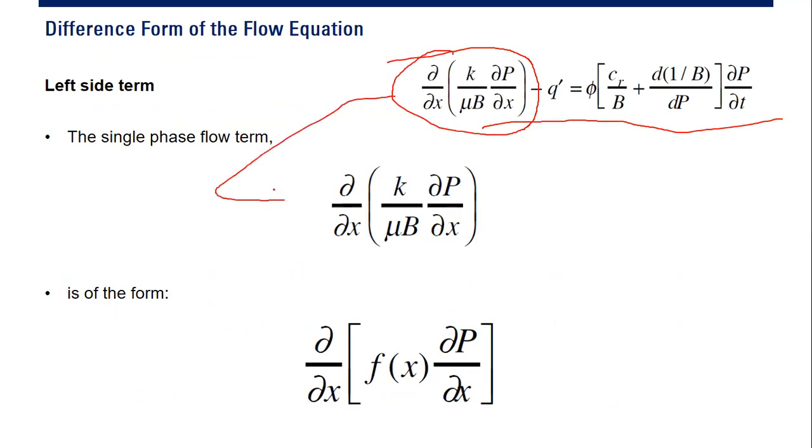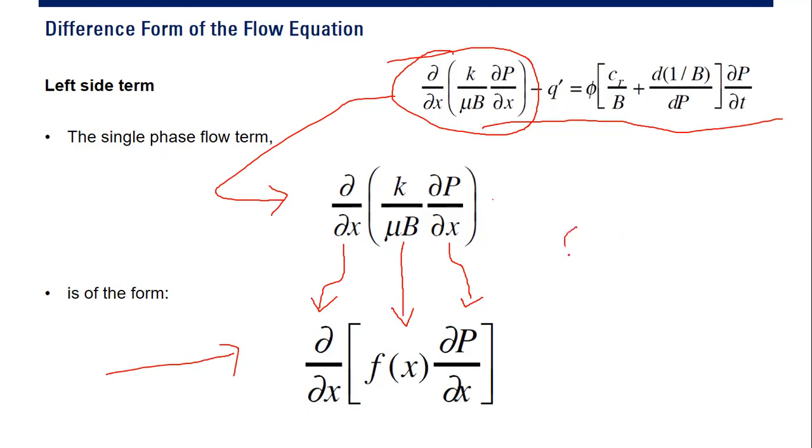So there we have d/dx of K per viscosity formation volume factor dp/dx, and it is like this form. Jadi polanya itu seperti pola ini. So d/dx, and then we have dp/dx, but we also have f(x).